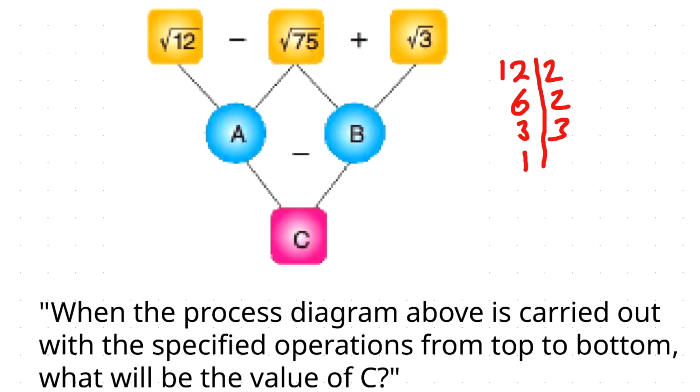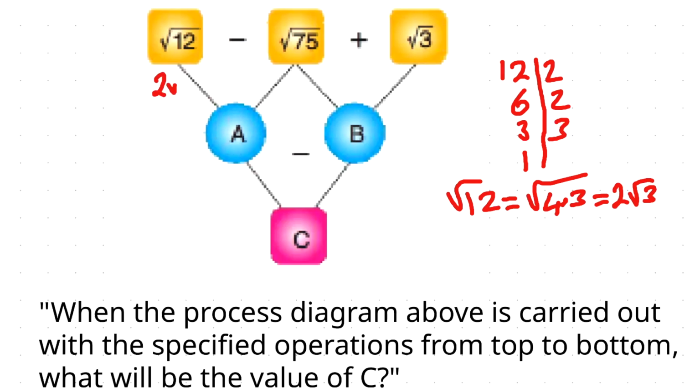So the square root of 12 is equal to the square root of 4 times 3. Some of you already guessed it. The 4 will come out of the square root as 2, giving 2 root 3. So instead of square root of 12, we can write 2 root 3.